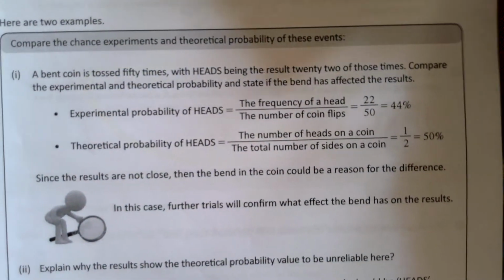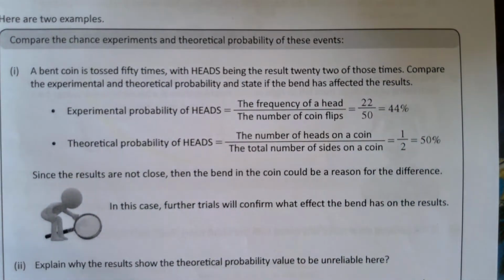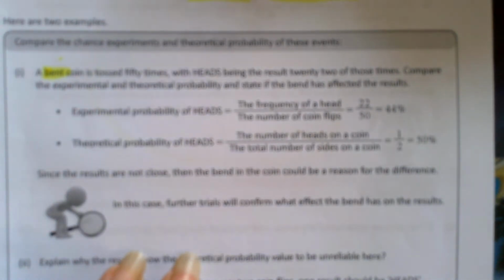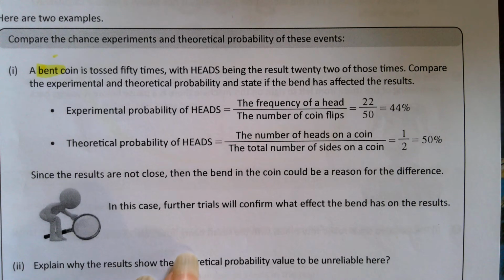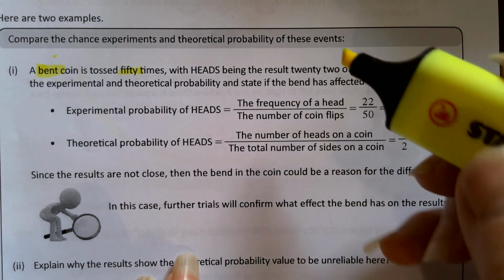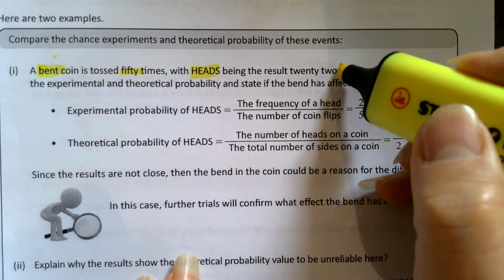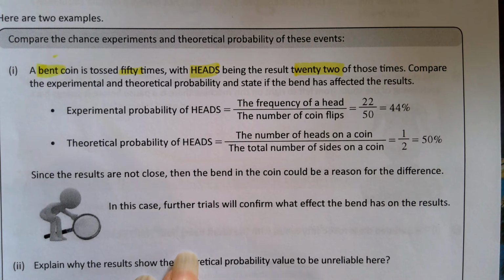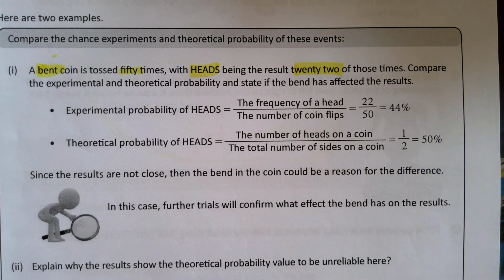So here is an example for you to think about. I've actually done this as an experiment with my maths class, and we used a bent coin and they had to work these out. We tossed it 50 times, and they had 22 heads, and they were asked to compare the theoretical and the experimental probability.